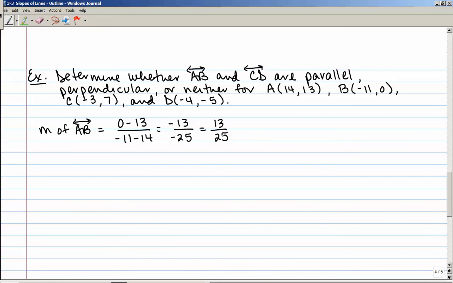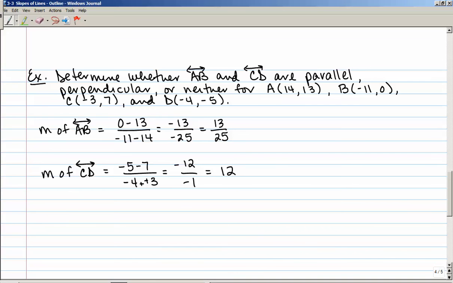So that's the slope of line AB. Now we're going to find the slope of line CD. Line CD, I will do negative 5 minus 7 over negative 4 minus a negative 3. And that gives me negative 12 over negative 1, or a slope of 12.